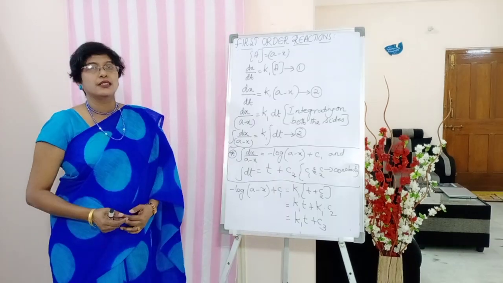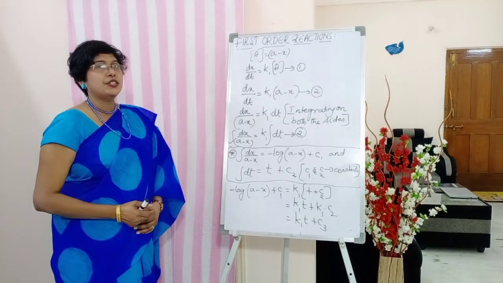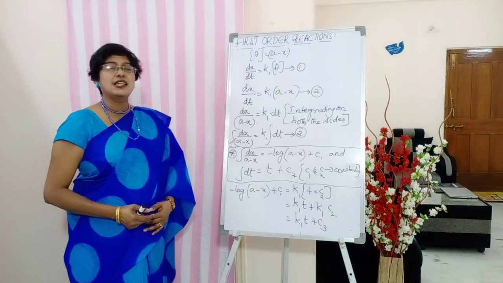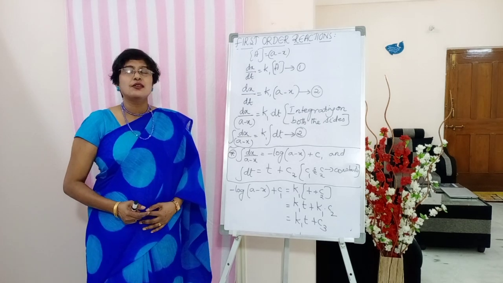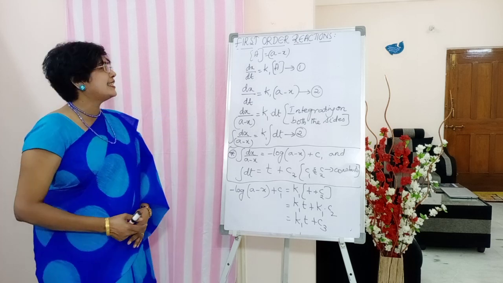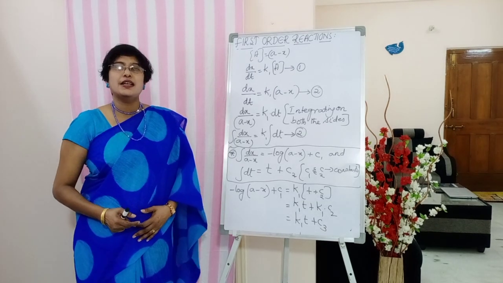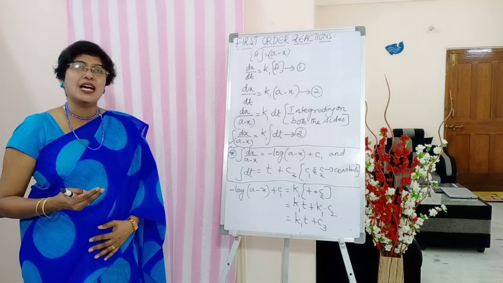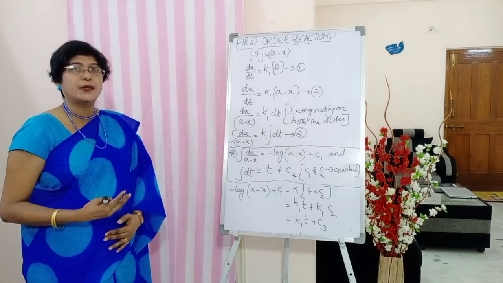Okay. So students, substituting the remaining concentration of A in equation 1. What is your equation 1? dx by dt is equal to K1 into concentration of A. The remaining concentration of A, how much? A minus X moles per liter.